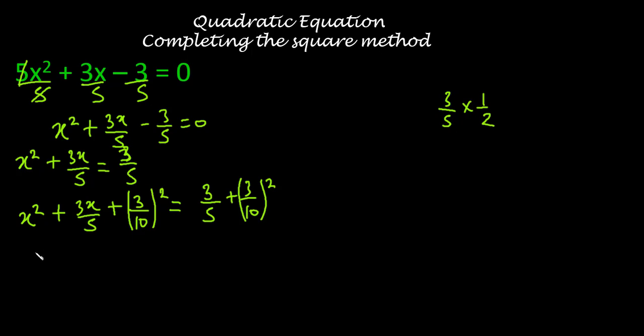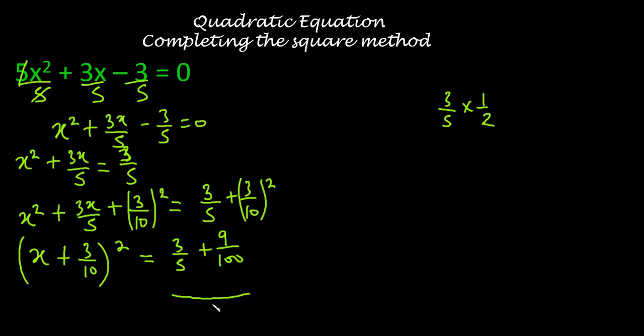Taking note of this, we say x plus 3 over 10, everything squared, is equal to 3 over 5 plus 9 over 100. 3 squared is 9, 10 squared is 100.